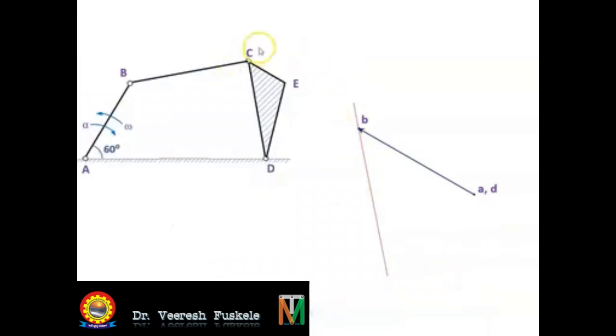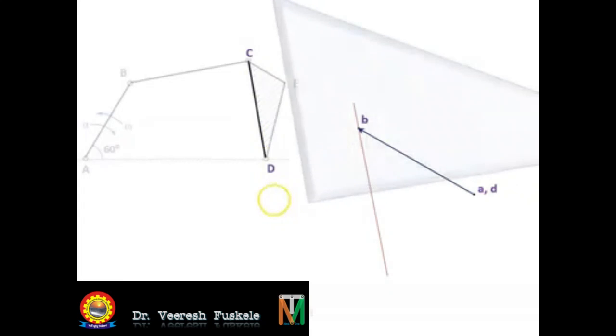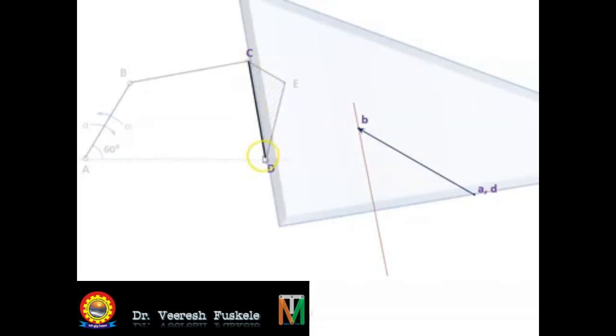Next, to obtain the point C, we will draw the velocity vector of the link CD, or the part CD of the ternary link CDE. So again, we will set the set square on the side CD and we will set the set square such that the other perpendicular side of the set square passes through the point D, from where we can draw the velocity vector of the link CD.